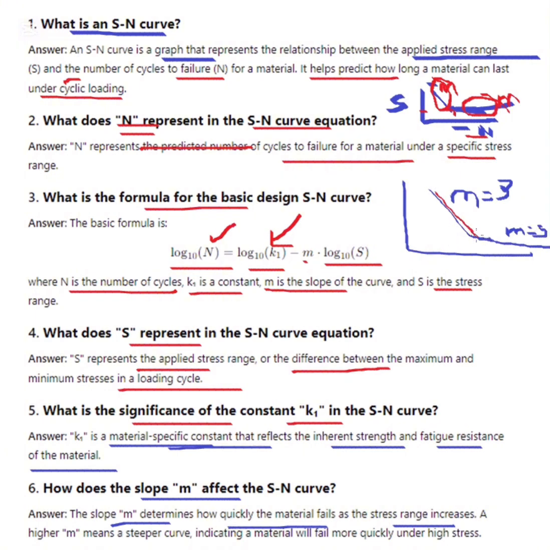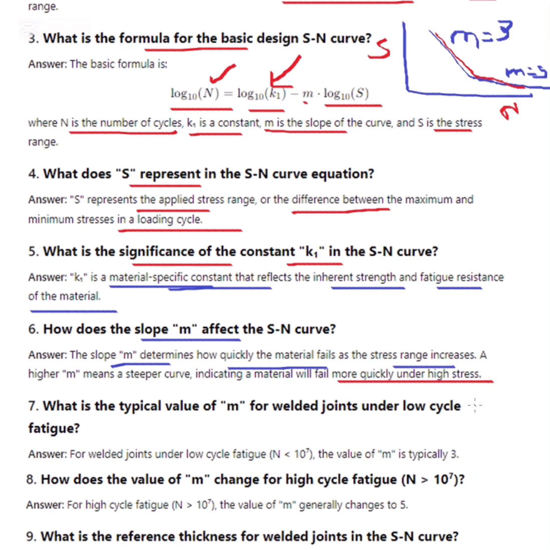This is the stress range, this is the number of cycles. A higher m means a steeper curve, indicating the material will fail more quickly under high stress.